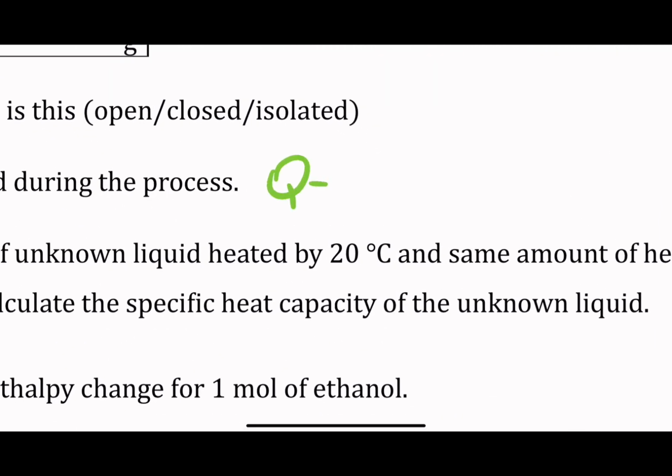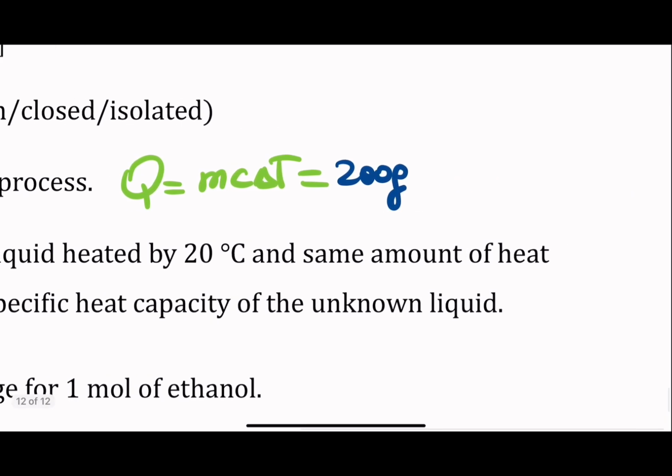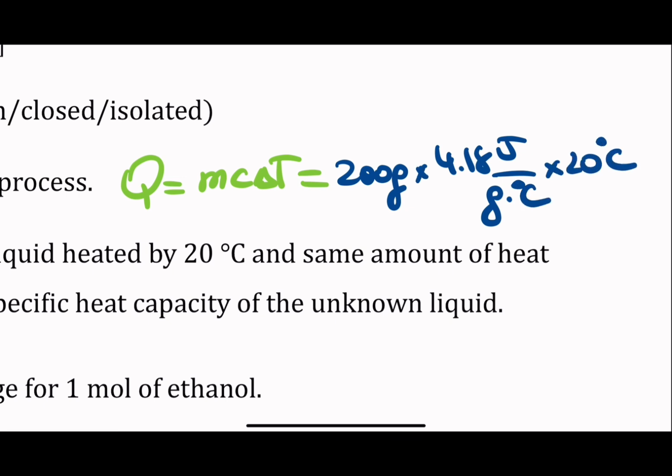We know that the heat Q equals MC delta T. We had 200 grams of water, and then it is 4.18 joule over gram times degrees Celsius multiplied by 20 degrees Celsius. If you do the calculation, you get 8,360.